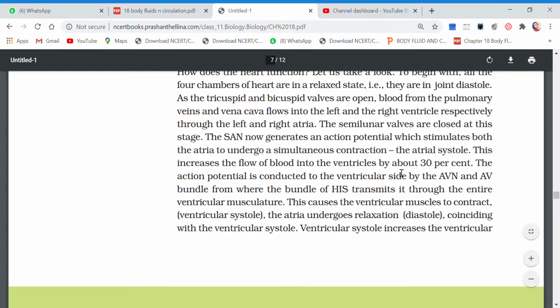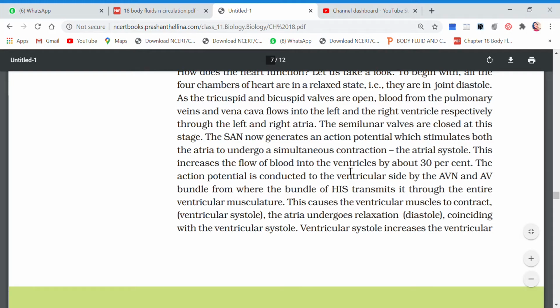How much has it increased? 30% more flow is there now. Earlier also there was flow, the ventricles were getting filled up, but because of the contraction of the auricles, the flow of blood has increased by 30%.